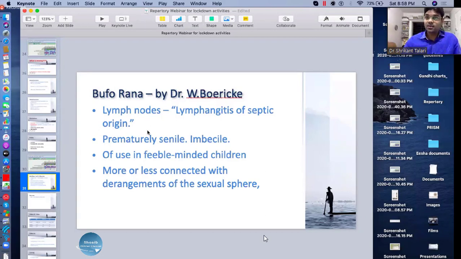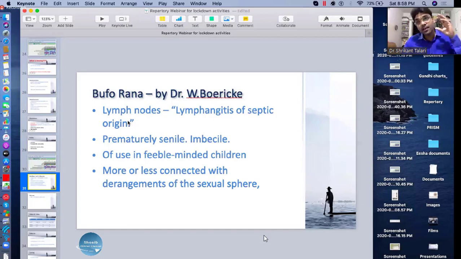And then when I read Bufo rana from Boericke, the first thing that Boericke writes is it affects lymph nodes. Basically, in HIV, our immune system is affected, and especially the chronic immune system. And the main storage of our chronic immune system is in the lymph nodes.